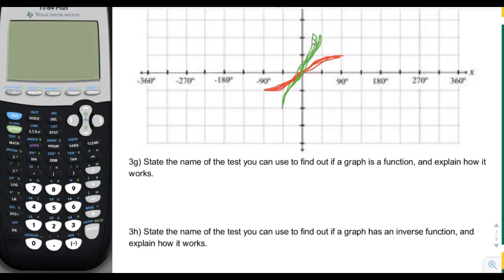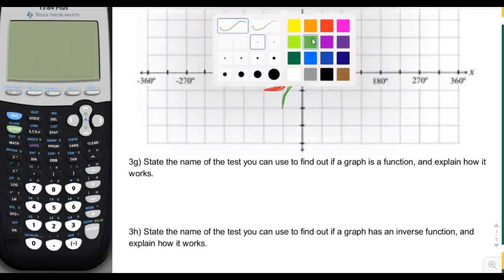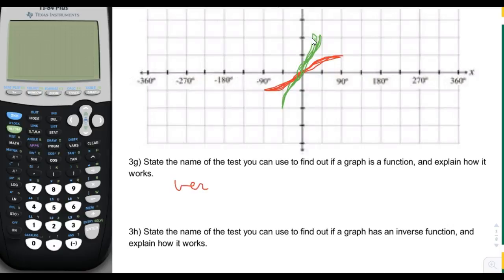All right. State the name of the test you can use to find out if a graph is a function and explain how it works. The name of the test is the vertical line test. How does it work?